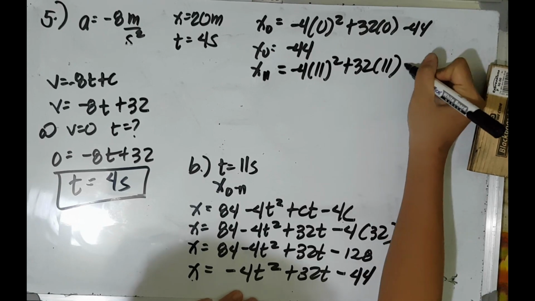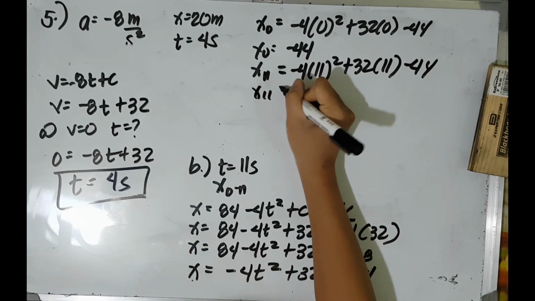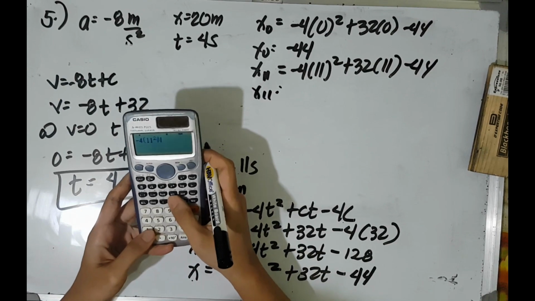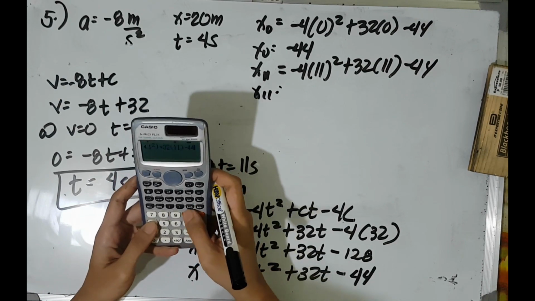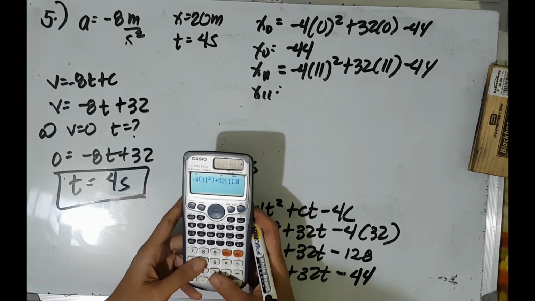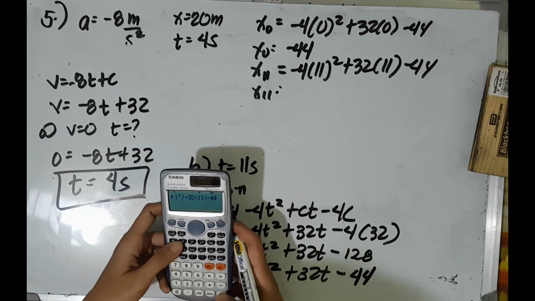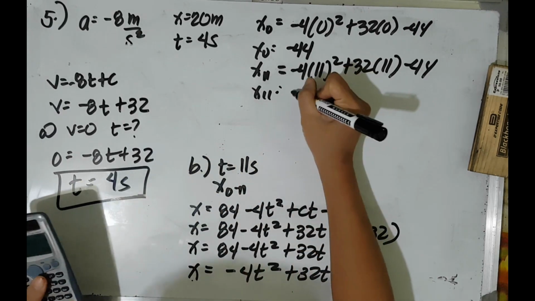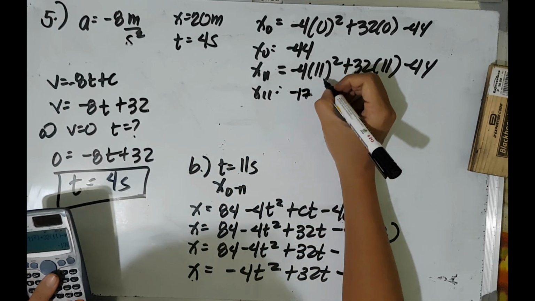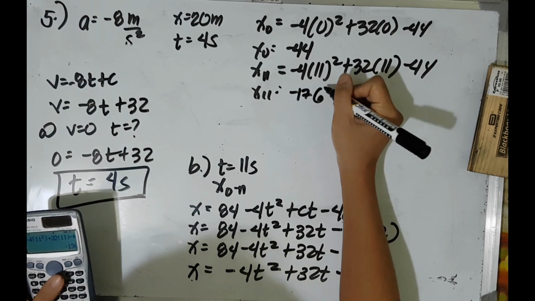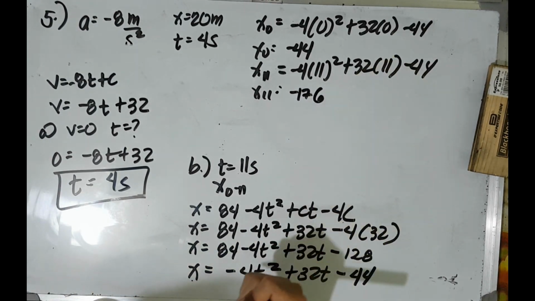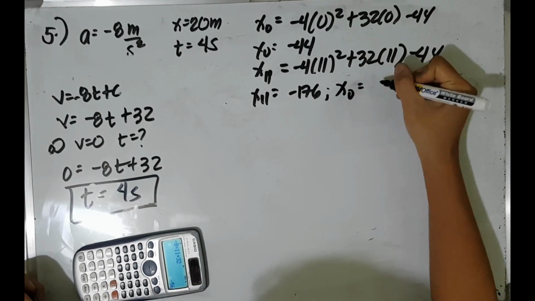Then for 11, at 11 seconds, x is equal to, so at time is equal to 11 seconds, the position is negative 176.